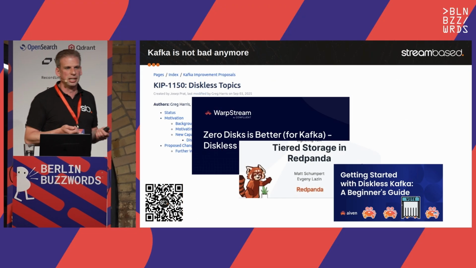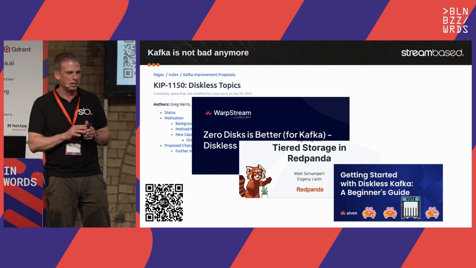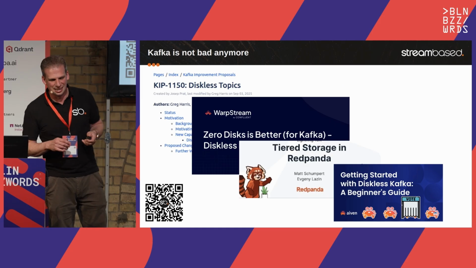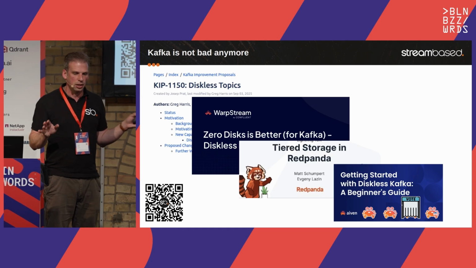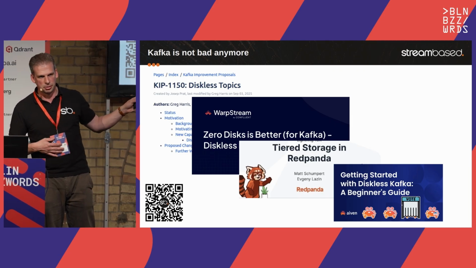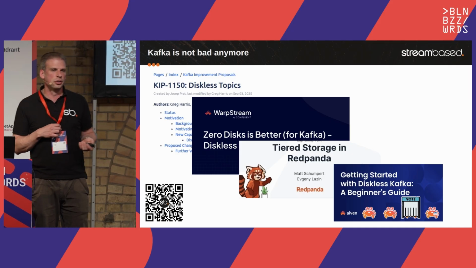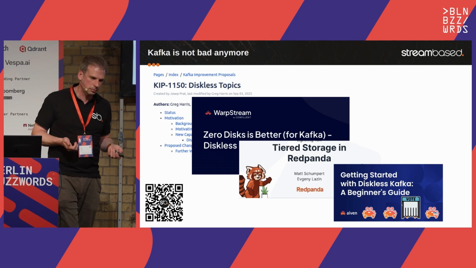This was arguably the biggest problem in Kafka a year ago, and there are many solutions to this problem, none of which I'm going to talk about today, because it's a whole different talk. But if you want to store long-term data in Kafka, it's now very much a possibility.